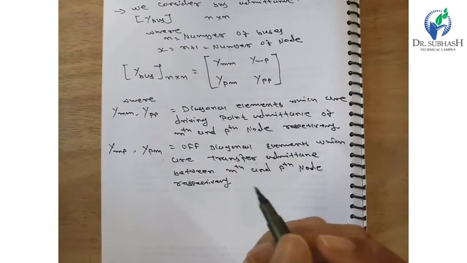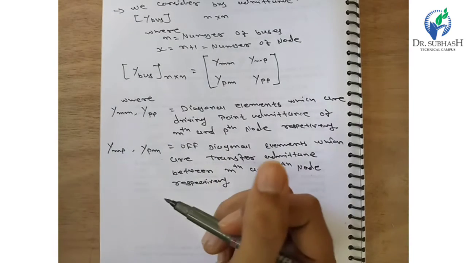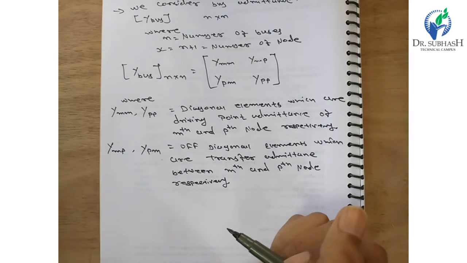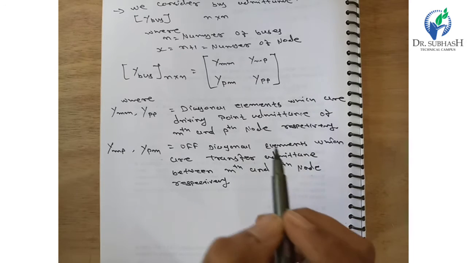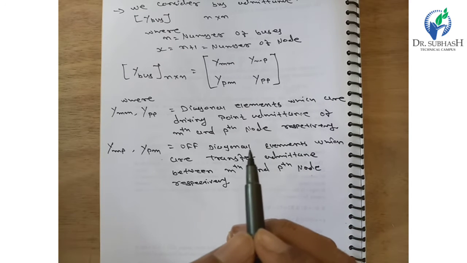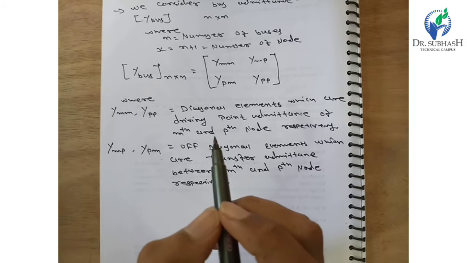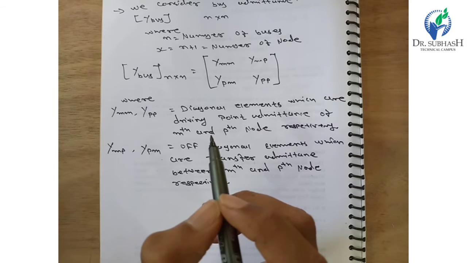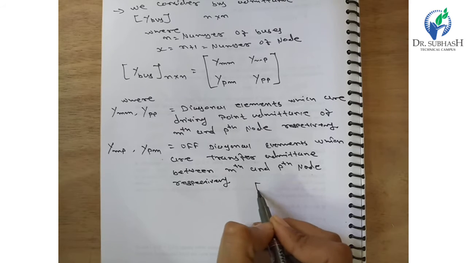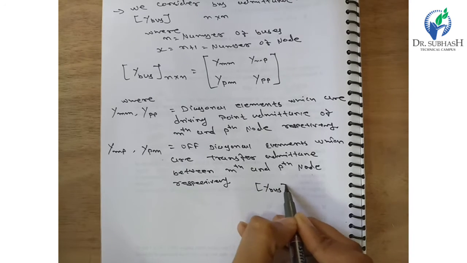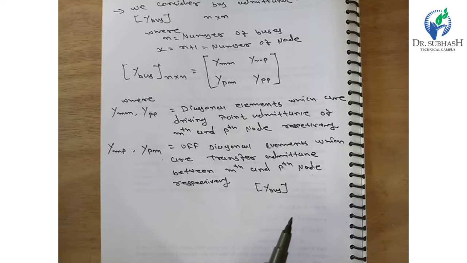Now we use the modification of an existing Y bus. If some element is added in this network, then the entire existing bus admittance matrix, known in common form as the Y bus, will also be affected.